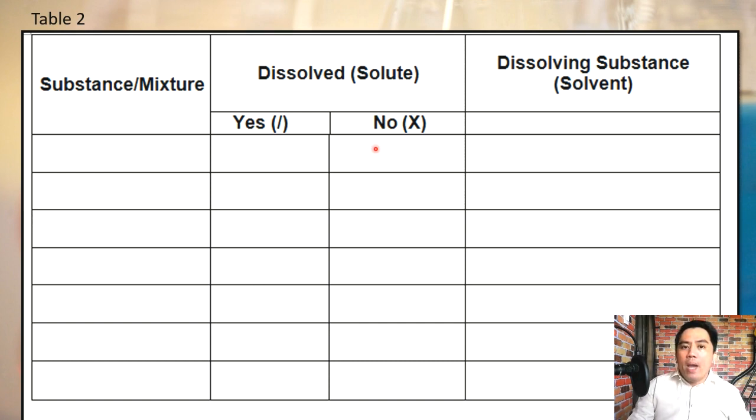Kung hindi naman, so put X dito sa column ng no. So, what is the dissolving substance? So, ano ba yung ginamit natin na substance to dissolve the solid particles or the solid substance? Okay, gumamit ba tayo ng kerosene, ng water, ng vinegar? Okay, dissolving substance. Okay, or tinatawag nating solvent.